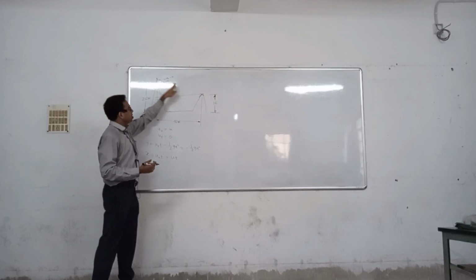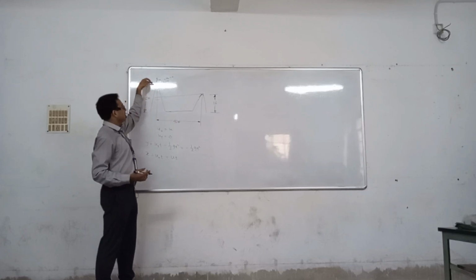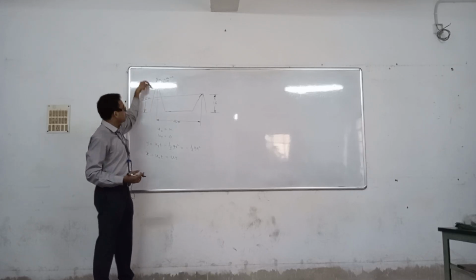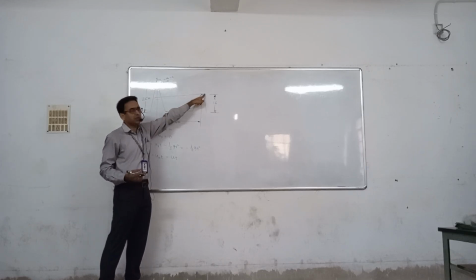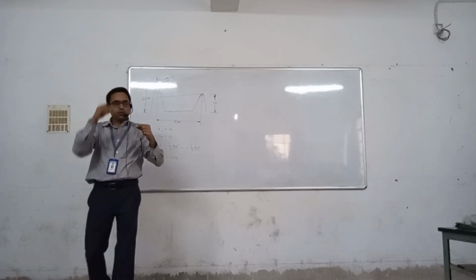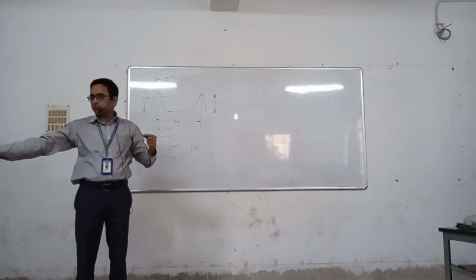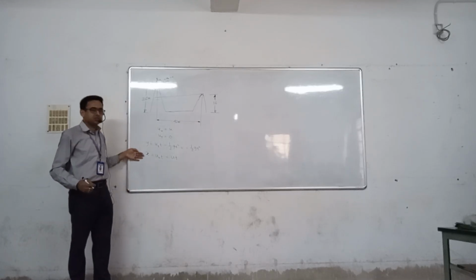That means when it crosses this hill, it has to travel this much of depth, and when it falls this much, it should travel this much of length. That is the problem. So I have written these two simultaneous equations in terms of x and y.